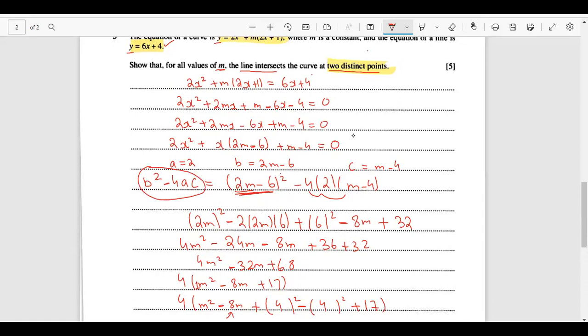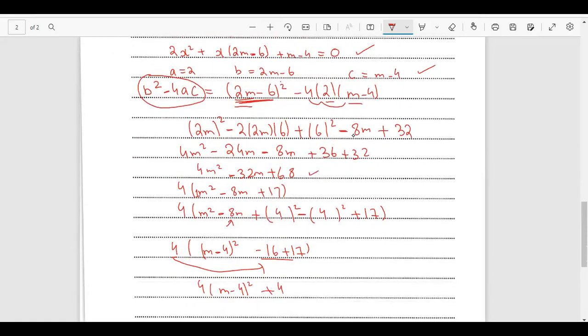After simplifying everything, first of all, I equated line and curve. I just simplified and I got this quadratic equation, and these are the values of a, b, and c. Okay, I plugged in b, I plugged in a and c, and after simplifying, I got this. Then for some reason, I applied the completing square method, and finally, I got this.